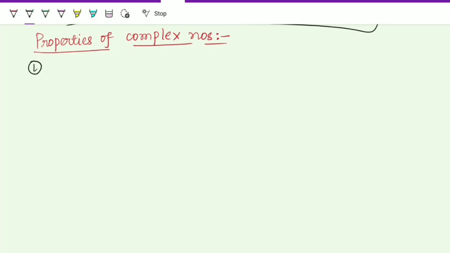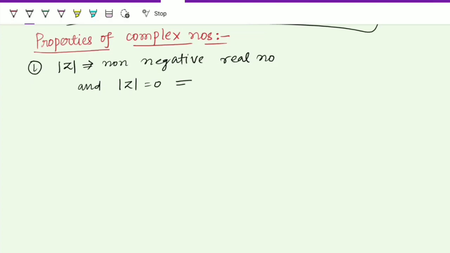The first one is, mod z is a non-negative real number, and if mod z is equal to 0, this implies z is equal to 0.